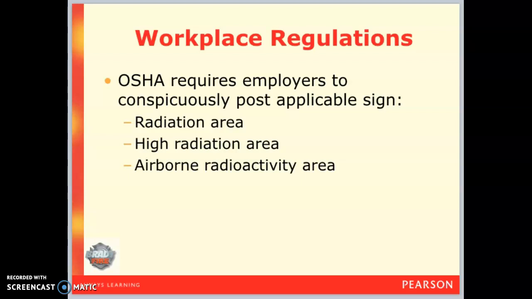And so there are three types of signs. There's the sign for the radiation area, there's the sign for the high radiation area, and there's an airborne radioactivity area where we have to worry about airborne radioactive particles as opposed to just solid or liquid.